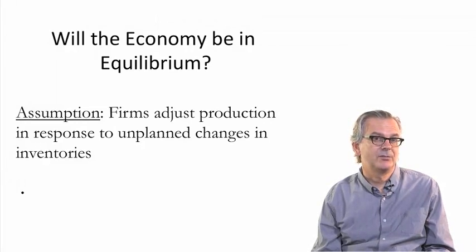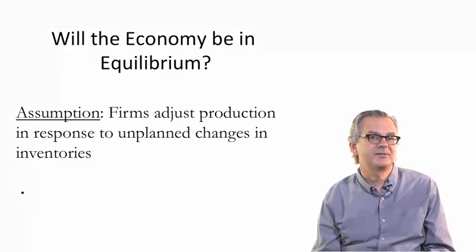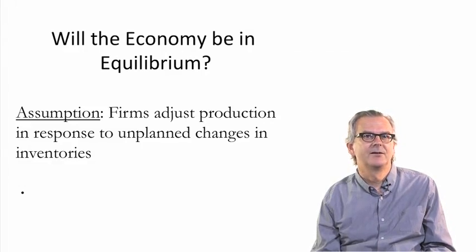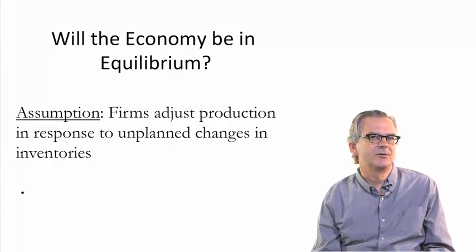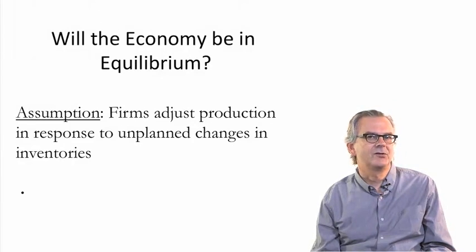If, for example, firms unexpectedly see an increase in their inventories, remember they're not expecting this, to their surprise, they're seeing that they're not able to sell everything that they've produced, they'll understand that means that they're producing too much. And in response, they will cut back their production. So an increase in inventories leads to a reduction in production.